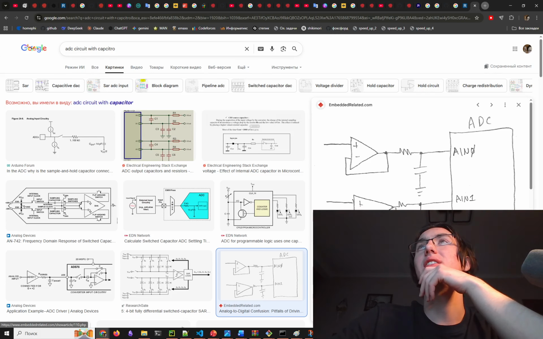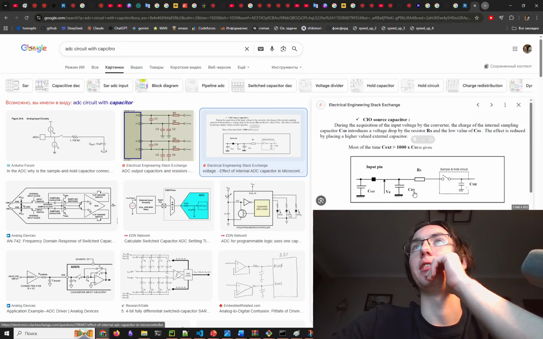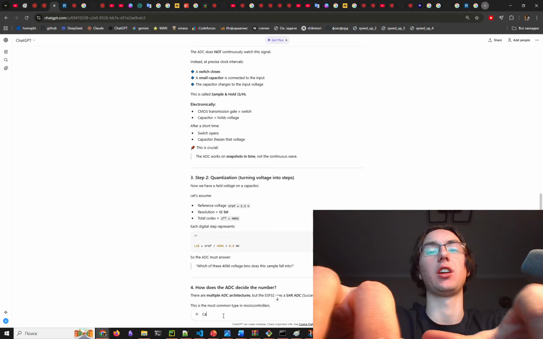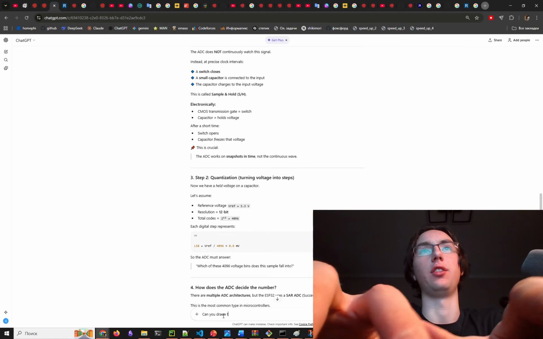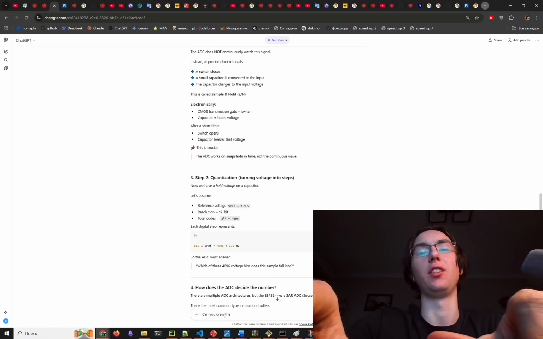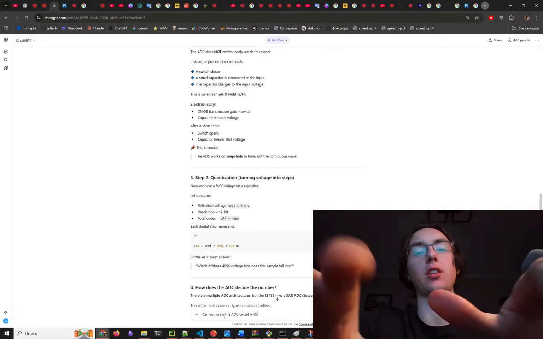It seems like that was drawn by me, but no, I actually haven't drawn this. Oh, I guess here we go. So every sample time we close the switch. Yeah, you know, let's just abuse ChatGPT. Can you draw the ADC circuit with capacitor?